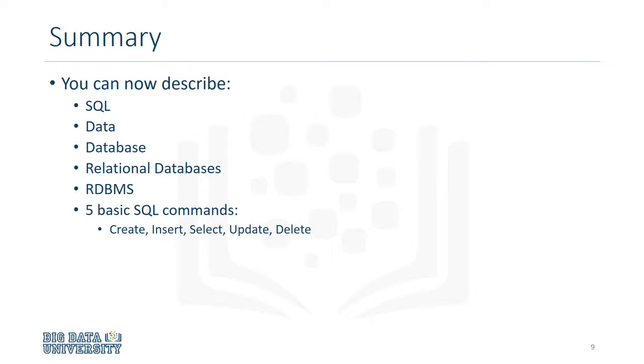Now you can describe what is SQL, what is data, what is a database, and what is a relational database. You know that RDBMS stands for Relational Database Management System, and you can list the 5 basic SQL commands to create a table, insert data to populate the table, select data from the table, update data in the table, and delete data from the table.